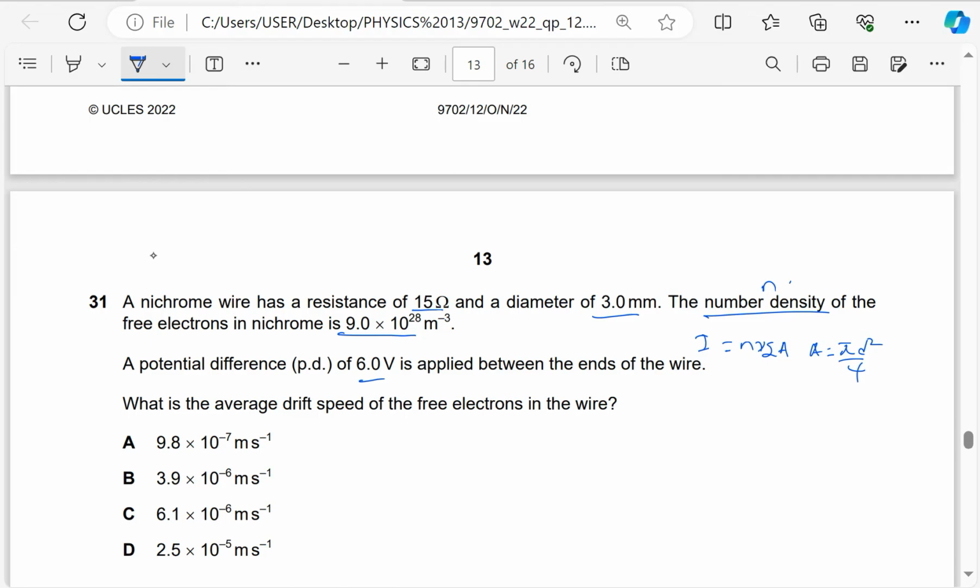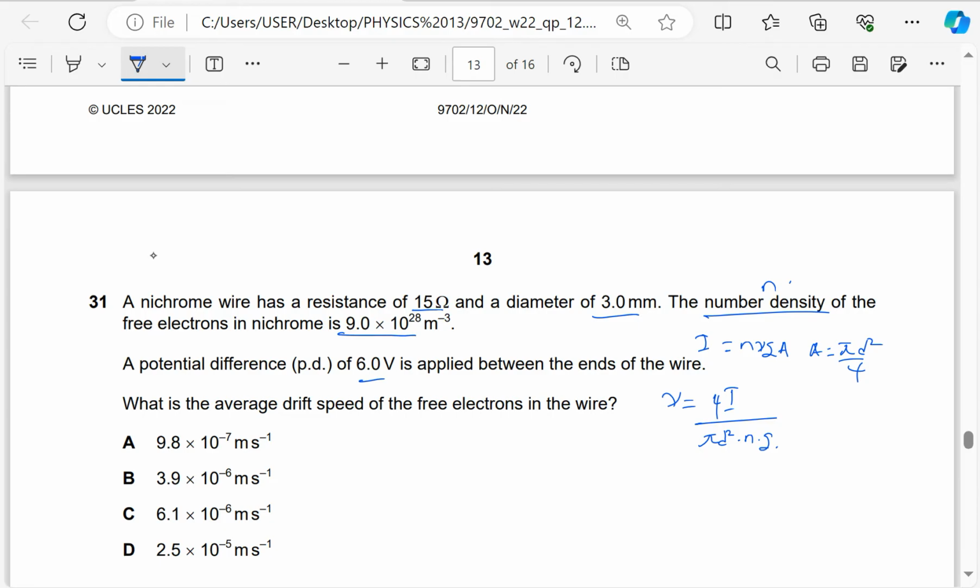So if I substitute and make v the subject, v is going to be equal to 4I divided by pi d squared times n times q.